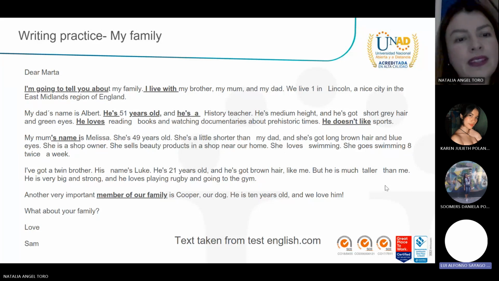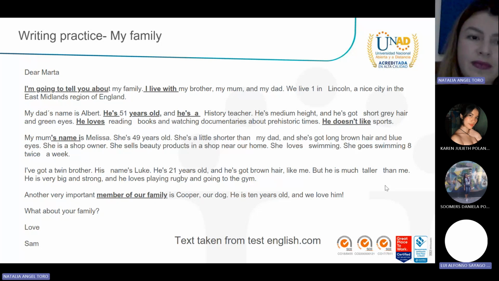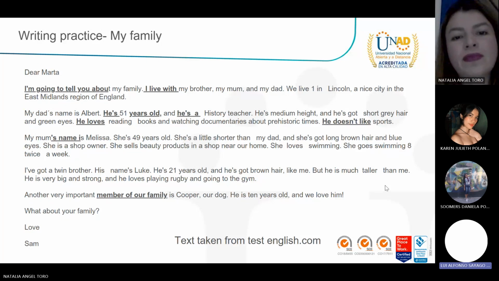My mom's name is Melissa. She is 49 years old. She's a little shorter than my dad, and she's got long brown hair and blue eyes. She's a shop owner and she sells beauty products in a shop near our home. She loves swimming. She goes swimming twice a week.